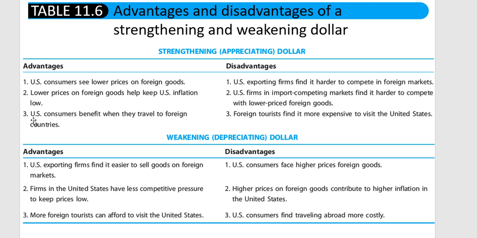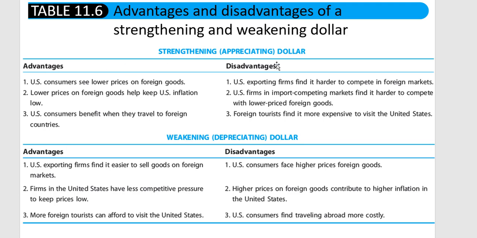That's what Carbo highlights here in point 3. It becomes cheaper to travel abroad. Another side effect is that as the consumer prices get lower, because a significant portion of the typical basket of goods is comprised by imported goods, then a strong dollar contributes to a lower inflation rate in the US because the prices of foreign goods are cheaper now.